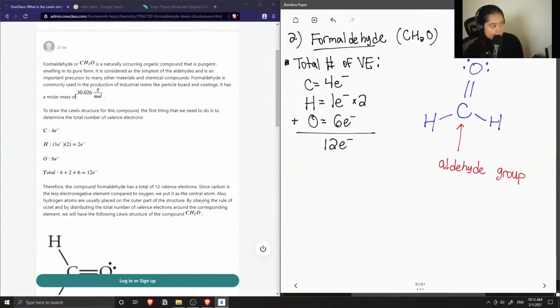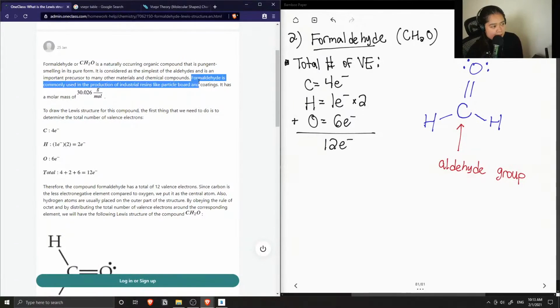It has a molar mass of 30 grams per mole. An example of an industrial resin that formaldehyde is a part of is melamine formaldehyde. Melamine formaldehyde is used as coatings for laminate floors, and it's used for a lot of different functions.